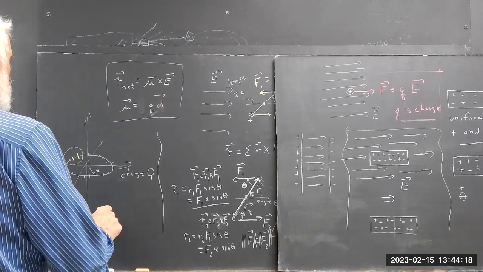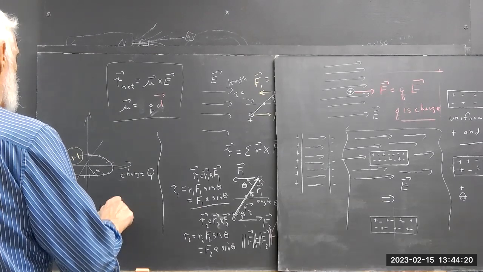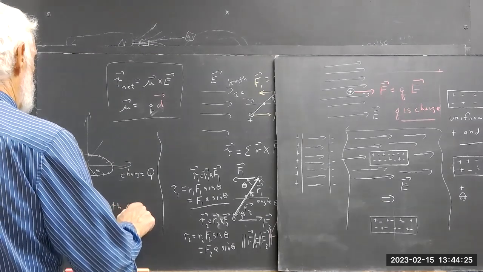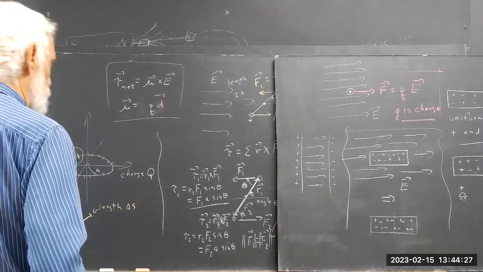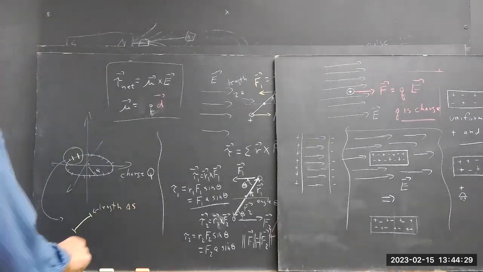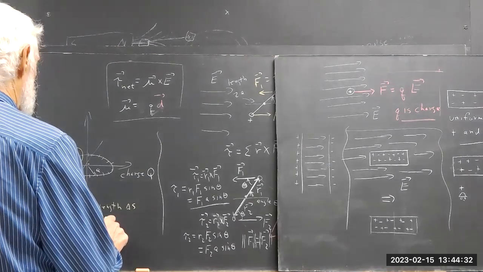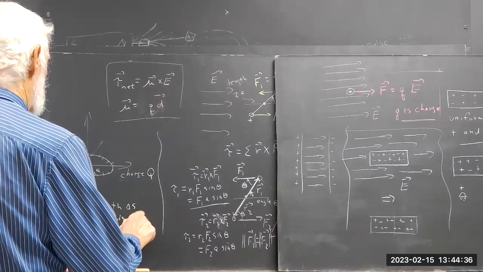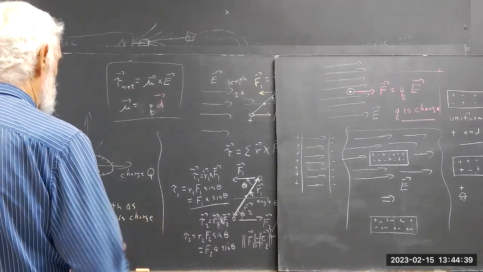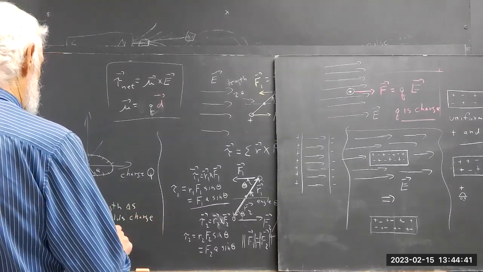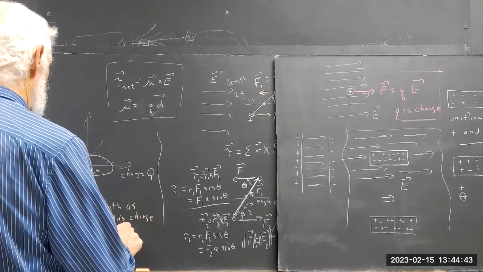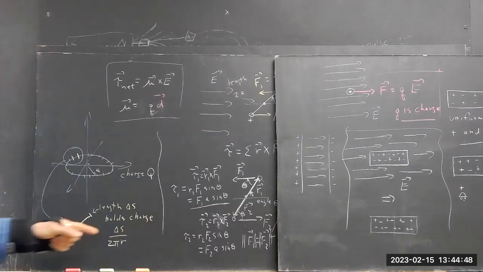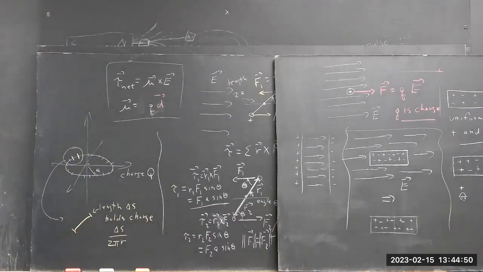Well, this interval has, let's say, length delta S, and it holds charge delta S over 2 pi r, right?